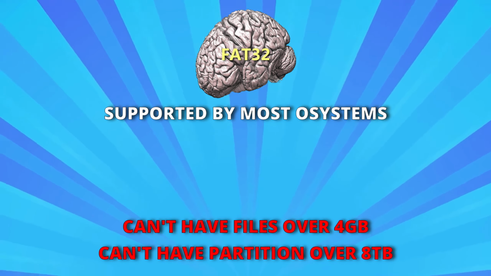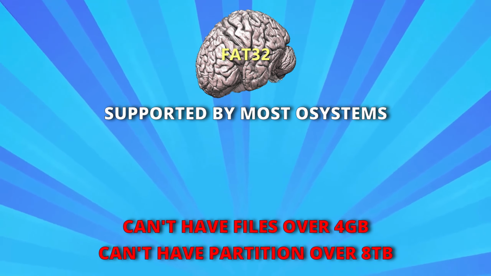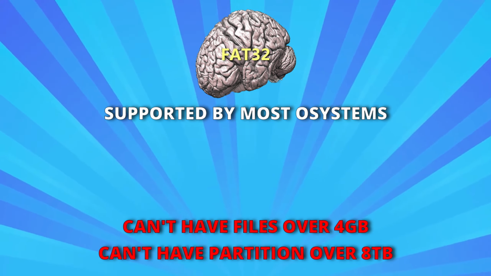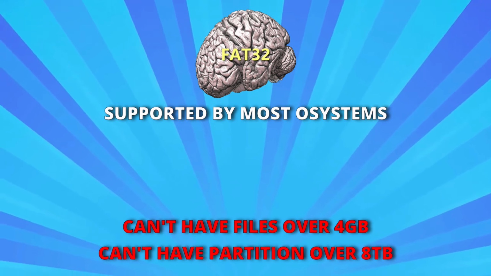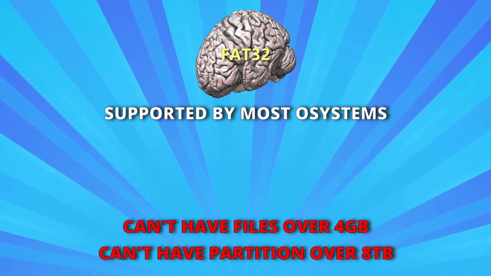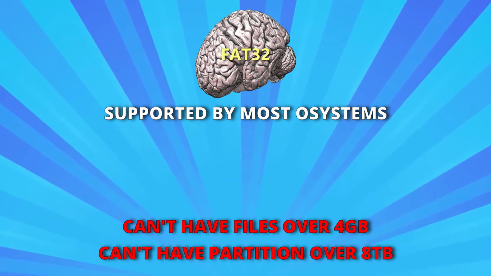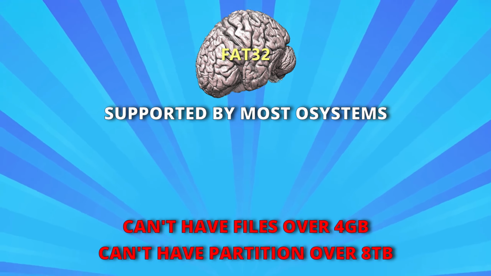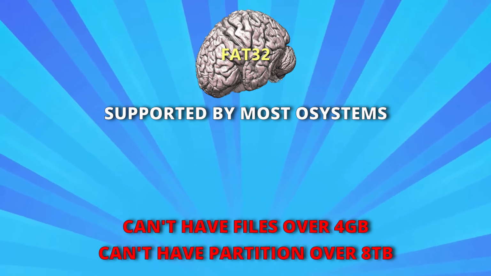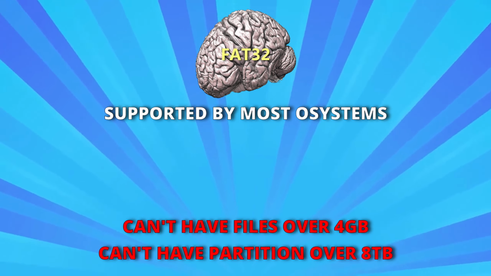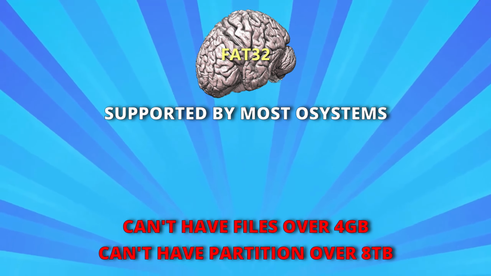You cannot have a file that's over 4 gigabytes in size on a FAT32 system. And you also cannot have a partition that's over 8 terabytes, which is less of a problem, but that 4 gigabyte limitation is pretty big. Its primary usages, though, are on conventionally small flash drives or installation media.